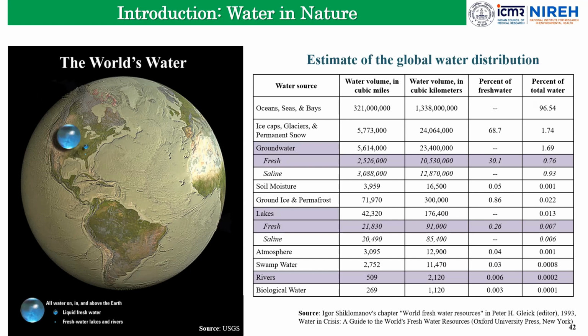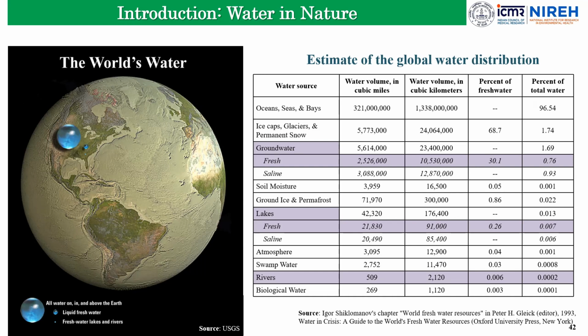So directly we cannot use this water for drinking or bathing. Obviously, there are some techniques through which we can desalinate this water and use it for drinking, but those methods are quite costly and also not very convenient to practice everywhere. So basically, oceanic or saline water we cannot use directly for drinking and bathing.